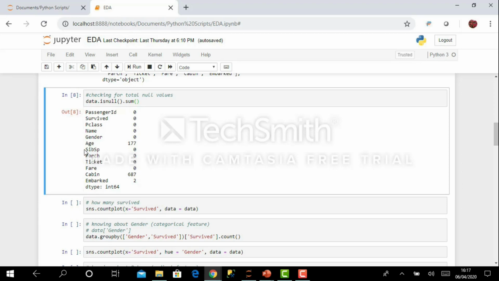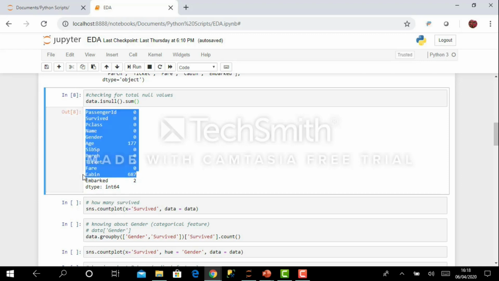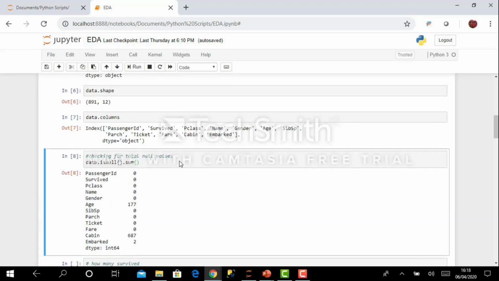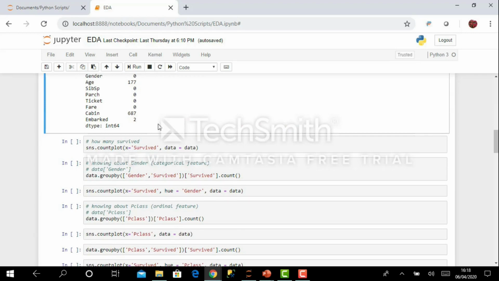Fine. All the rest of these columns have a count of 0, so no null values. Then the cabin column has 687 null records out of the total 891 records. The embarked column has 2 null values.